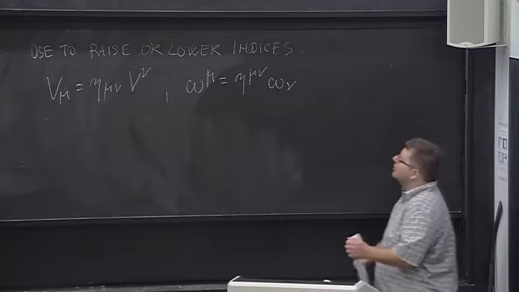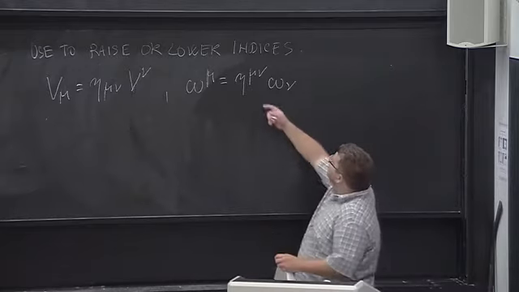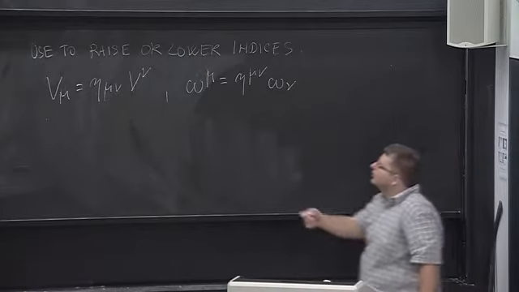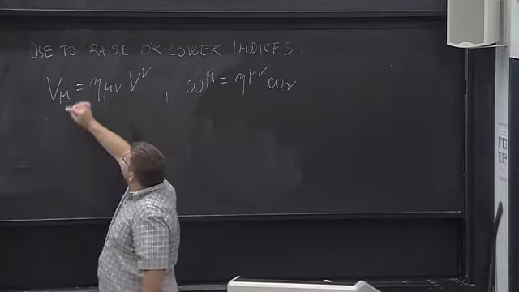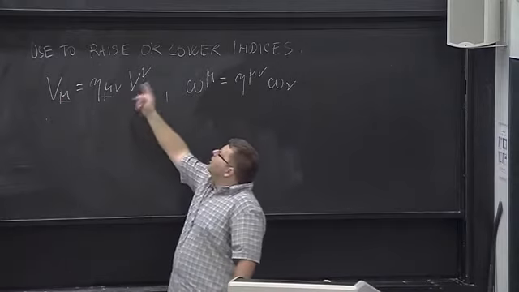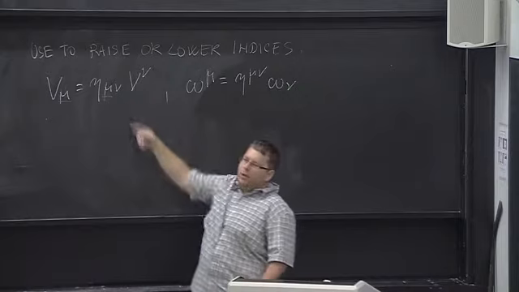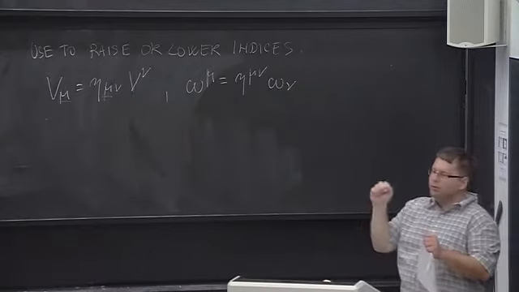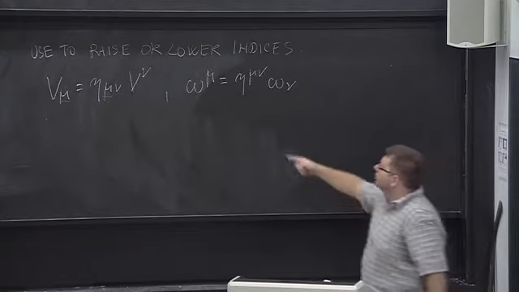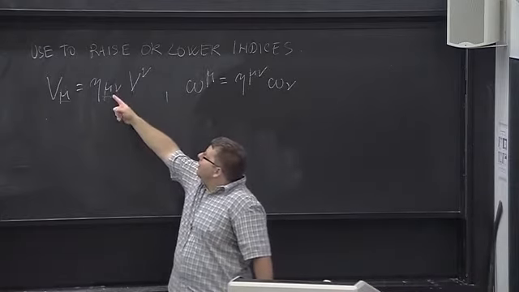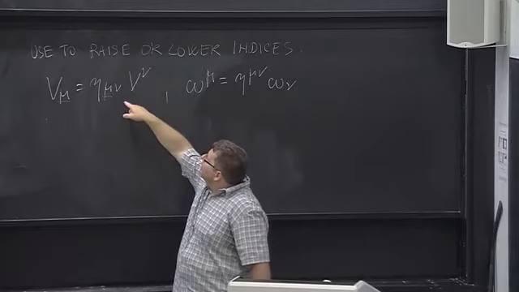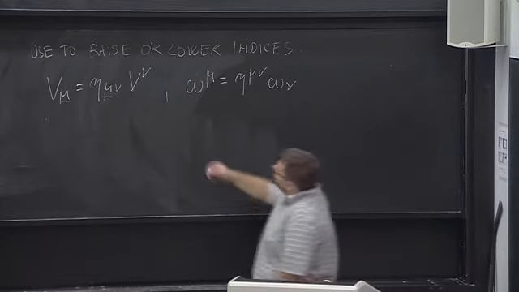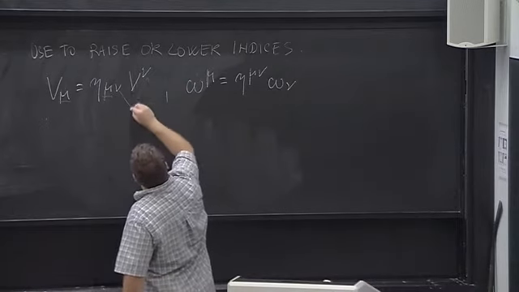The index which appears only once on each side is the important index. So in our case, the index mu is the important index. But the index nu appears twice. And what it means is we are using the Einstein summation convention, which is summing over nu equal to 0, 1, 2, 3. So this is just a sum, eta mu nu v nu, where nu goes from 0, 1, 2, 3. And just to stress that, we call this index a dummy index.